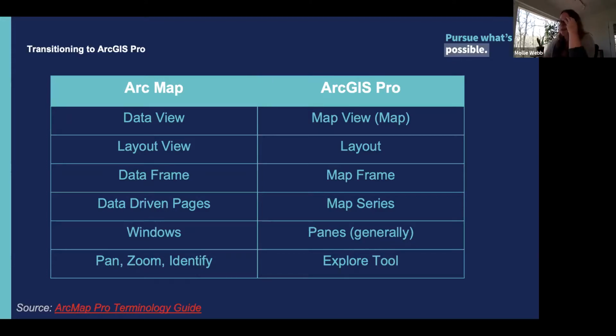And if you're interested, I've provided a link to the terminology guide, which expands a lot on all of these different terms, as well as many other differences between ArcMap and ArcGIS Pro.